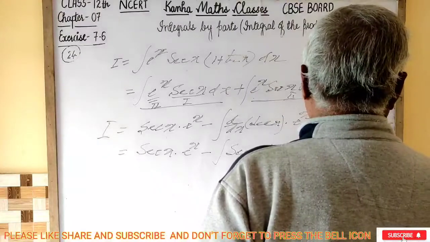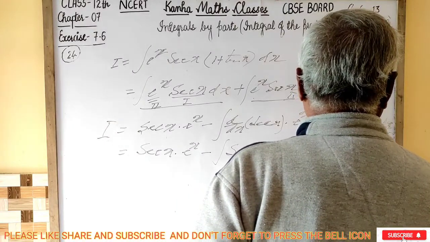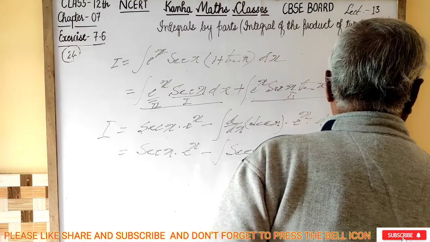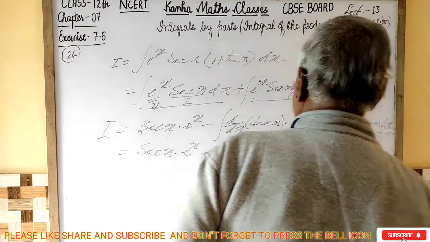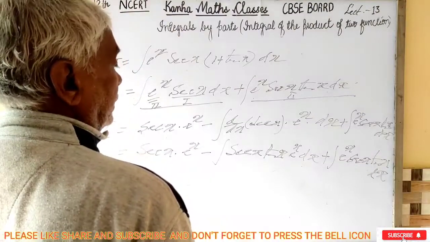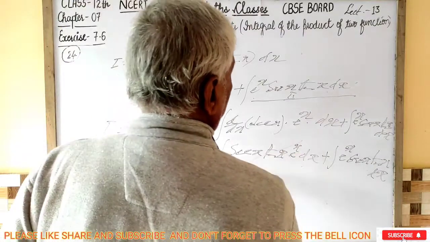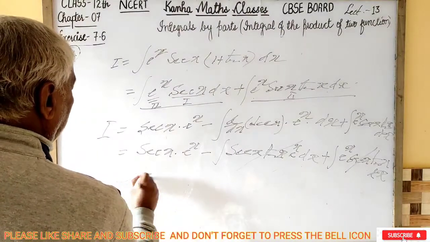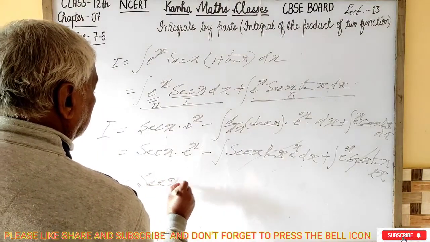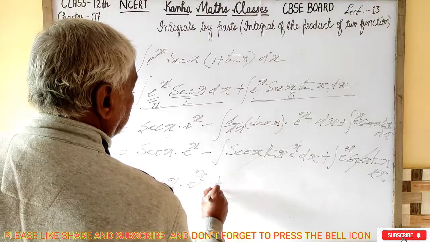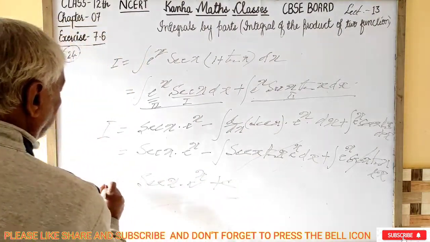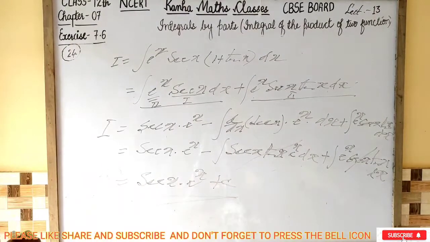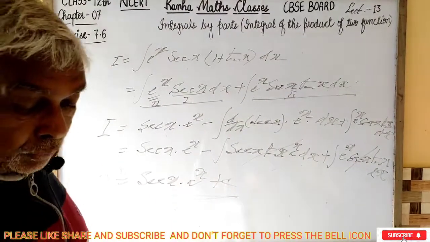Here integral e to the power x sec x tan x dx, very obviously, it is clear that this will be cancelled by this portion, only remaining is sec x e to the power x plus c. This is the requisite integral of the target integral, that is under question number 24.